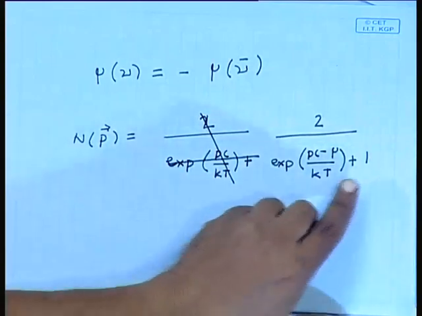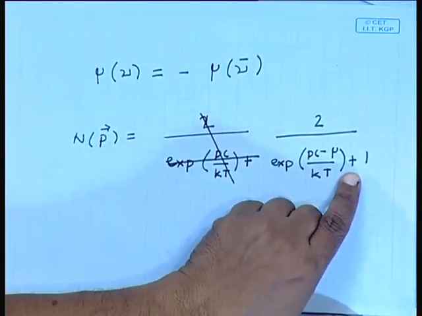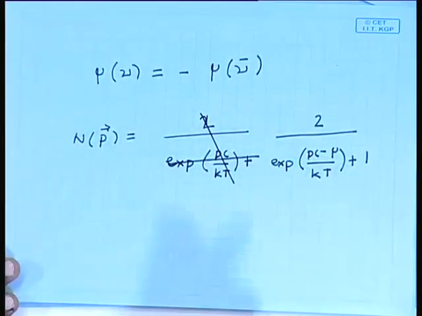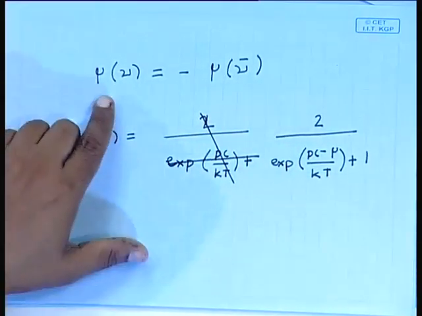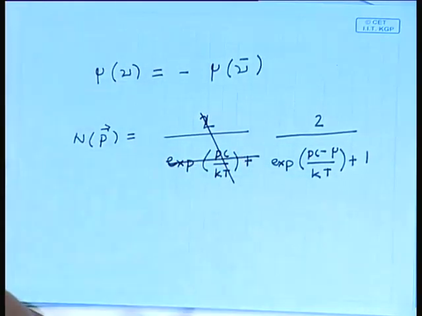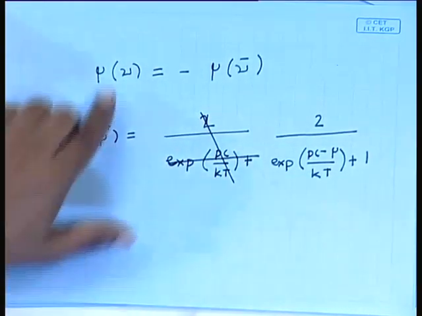That is the difference from the CMBR photons: these are fermions, so it is plus 1, and for these particles we can have a chemical potential. The chemical potentials for the neutrinos and the antineutrinos should be opposite.